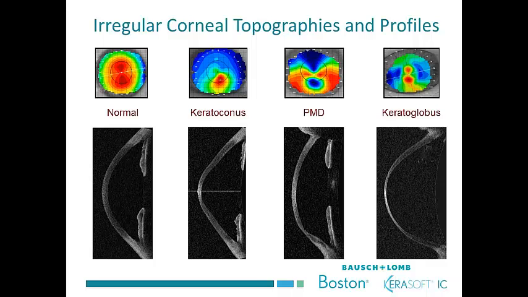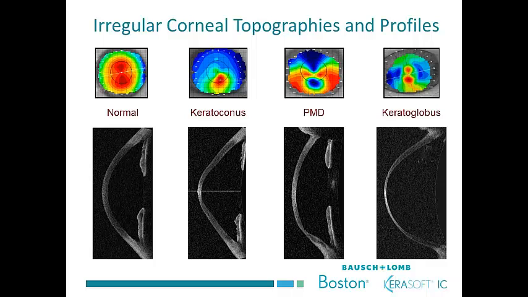However, pellucid marginal degeneration is a degeneration that is peripheral. So this can also happen, albeit rarely, superiorly in the cornea as well. And lastly, we have keratoglobus. And keratoglobus demonstrates a very thin cornea throughout, and the cornea does protrude all the way throughout, as you can see here.